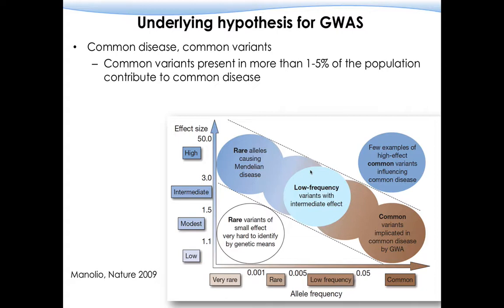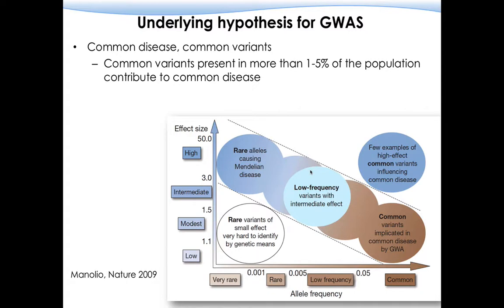It's not that predictive, and each individual variant only contributes a very, very small effect size. In this part, normally we don't care, since those are not very common, and once they happen, they are not very severe on the phenotype anyway.